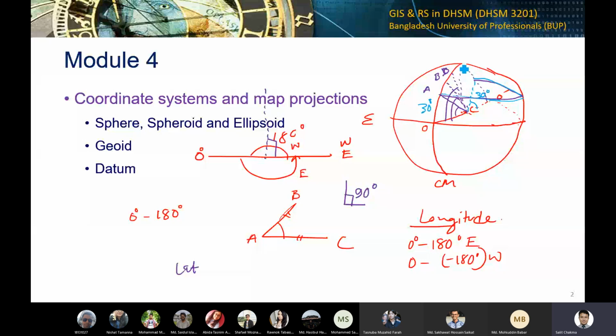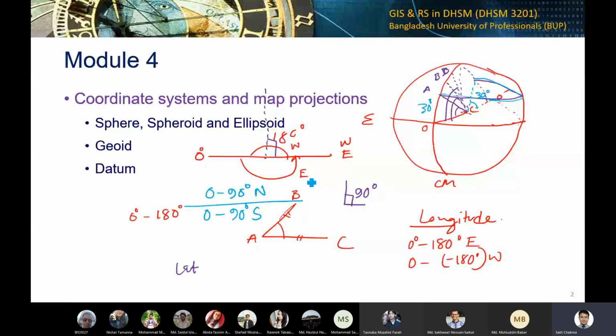So that's why for latitude, the maximum value that we can have is from 0 to 90 degrees north, because this is a circular shape. The measurement that it makes is circular. And if we go southwards, we have from 0 to 90 degrees south.